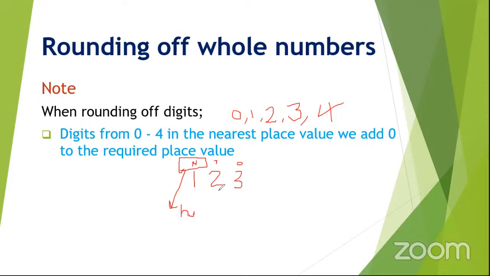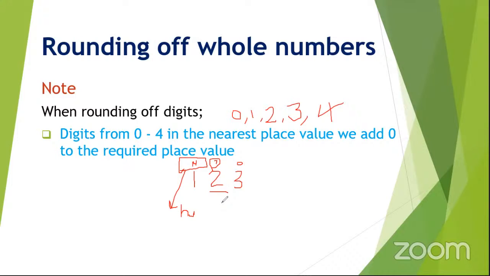And the nearest is tens. So when you are rounding off and you realize that the digit in the nearest place value, near the one you are rounding to, is 0 to 4, they say we add a 0 to the required place value.